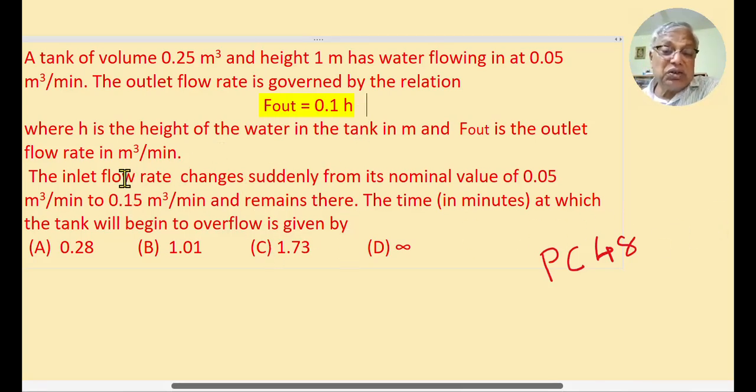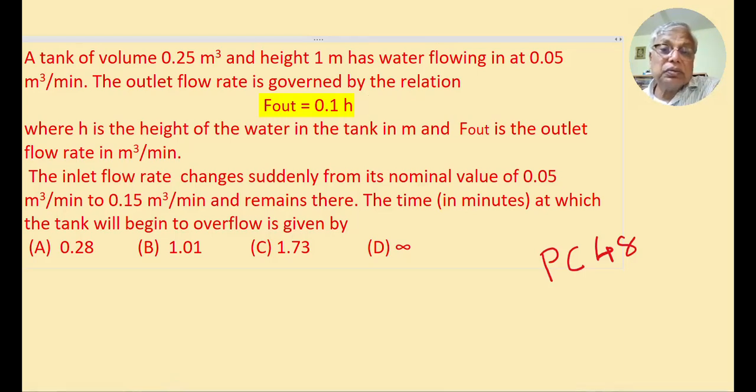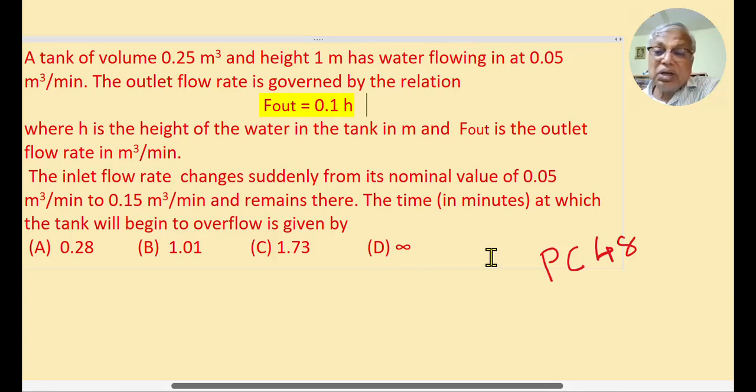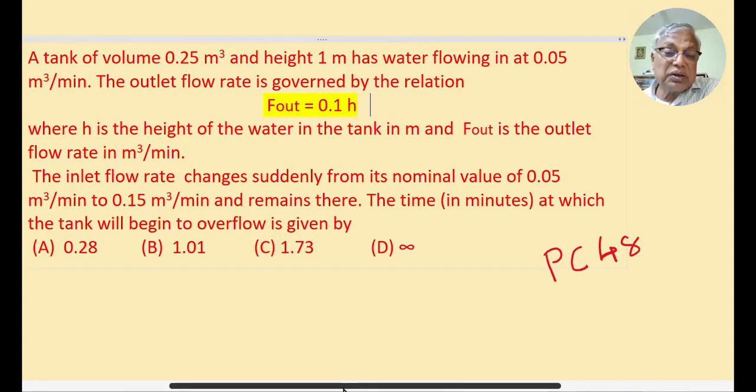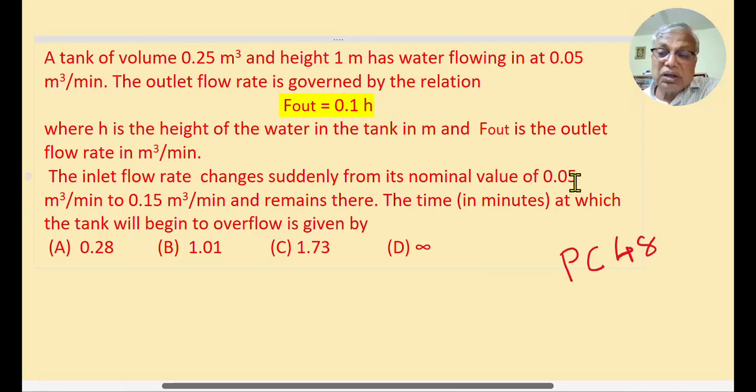So initially what was the flow rate? It was 0.05, right? If we substitute that 0.05 into this equation, we will get hs.